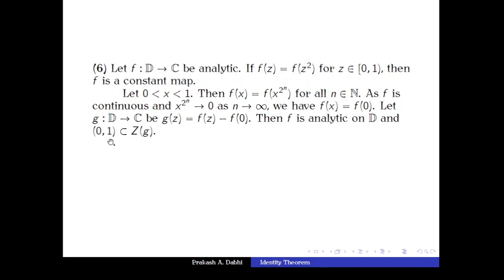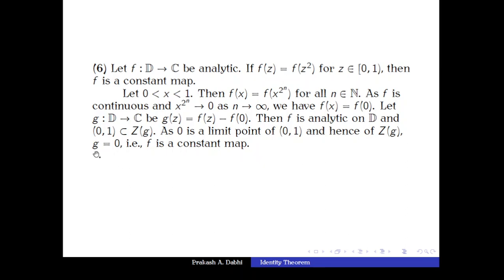We are talking of a limit point which is inside D. In fact, 1 is also a limit point of the interval, but we are not interested in that one, because we want a limit point which should be in the domain. So the set (0, 1) has a limit point in D. That means the set of zeros of g has a limit point in D. So by the identity theorem, g is a zero function, as 0 is a limit point of (0, 1), and hence it is a limit point of Z(g).